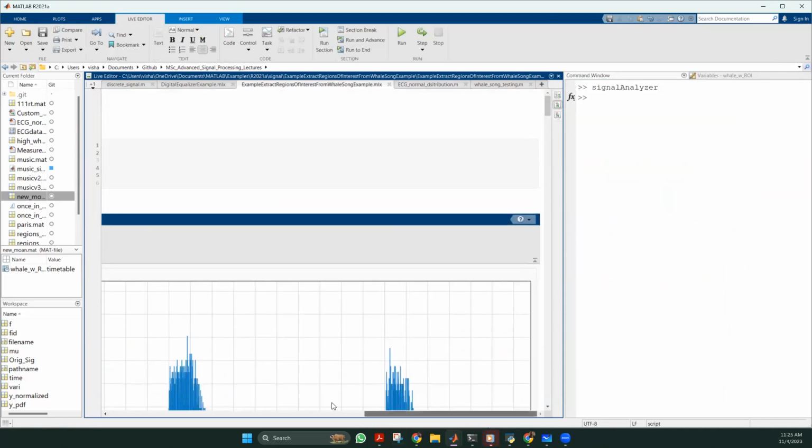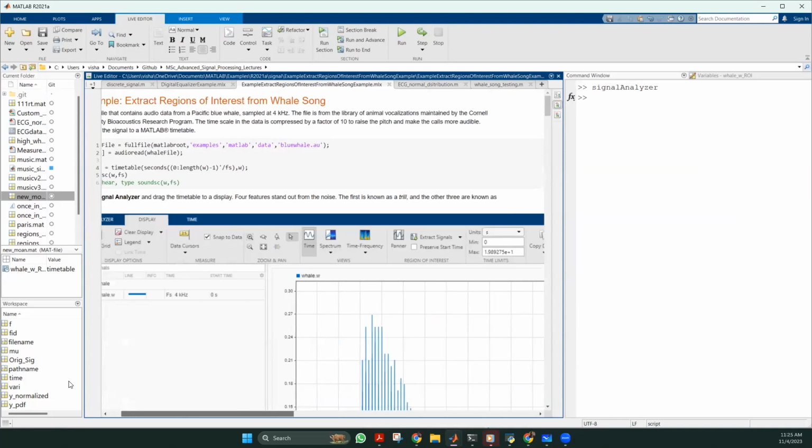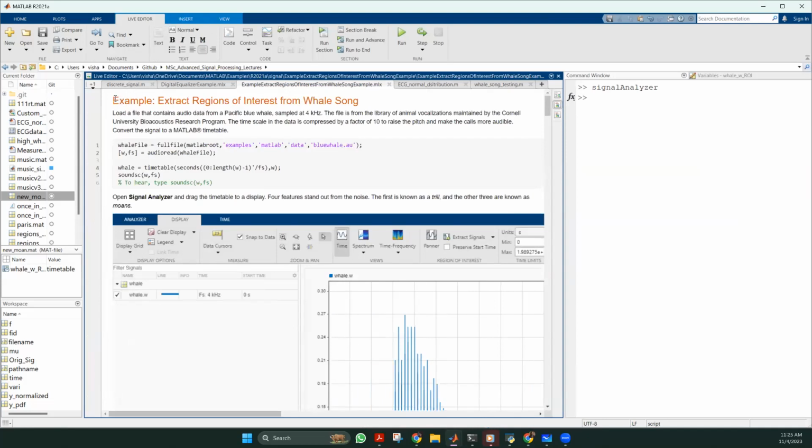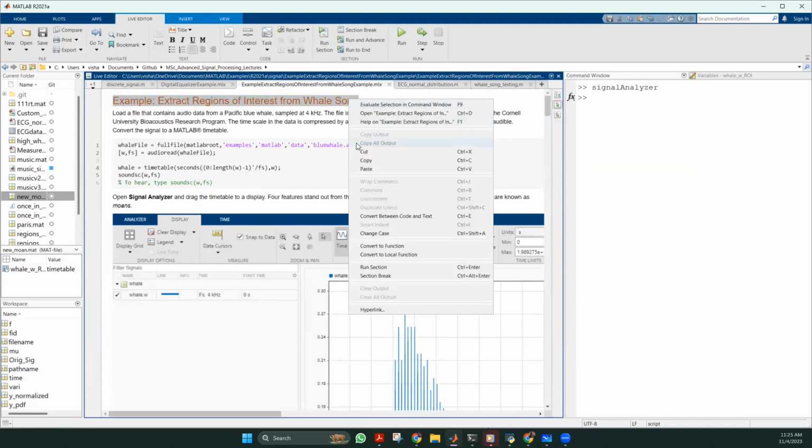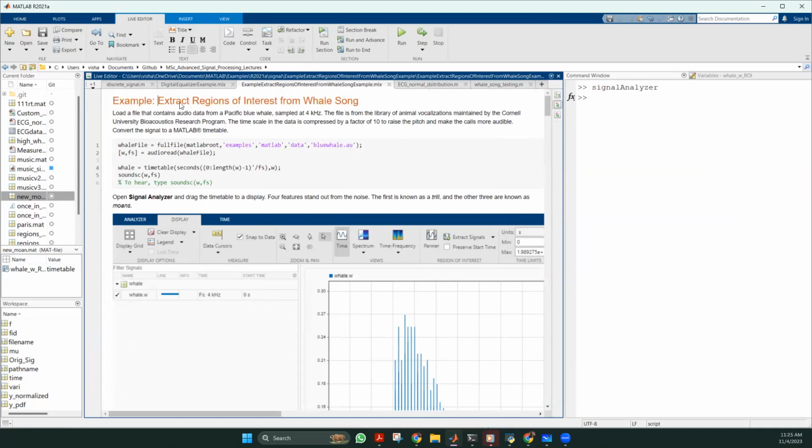And in here, I'm going through the example that is available on the MathWorks website regarding extracting signals or regions of signals from the whale song. The whales emit some signals, and those signals have certain patterns. That is what we are trying to see in this simulation.